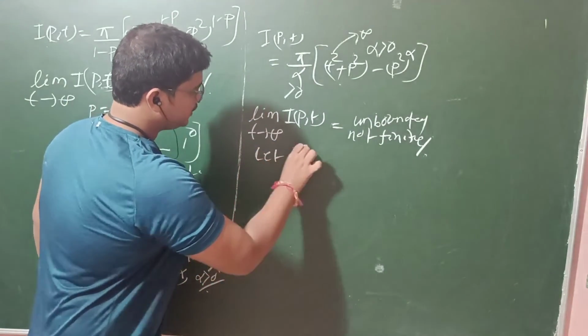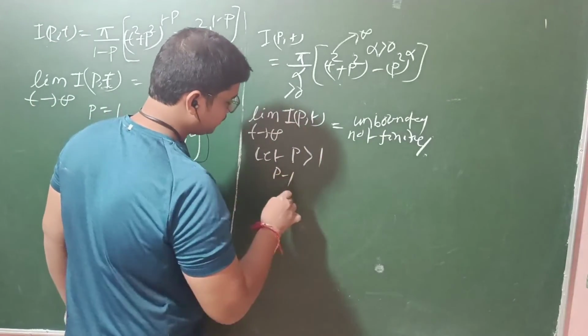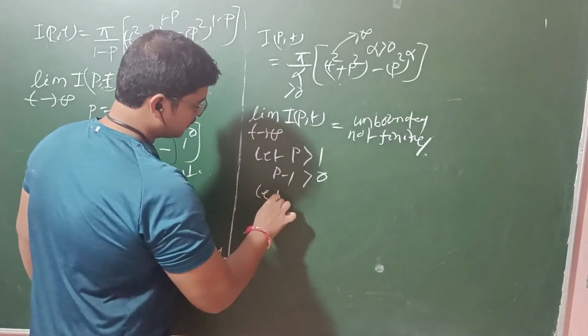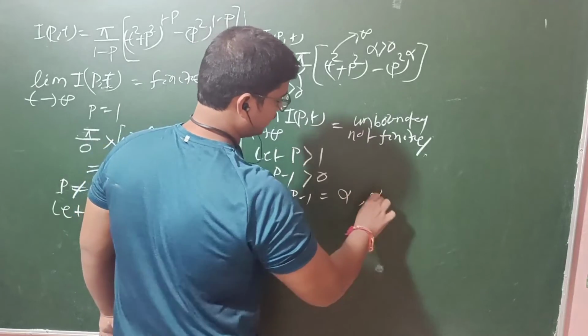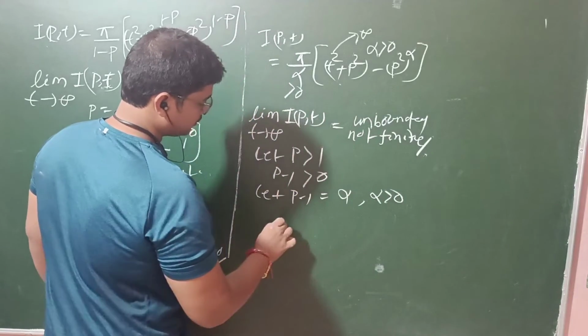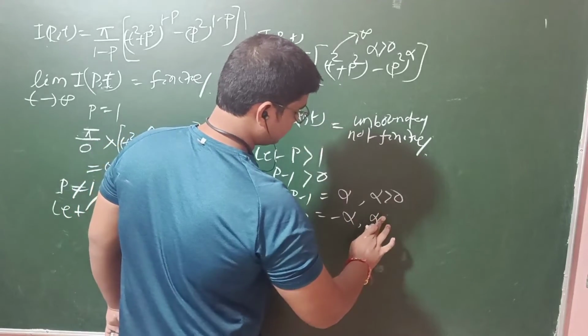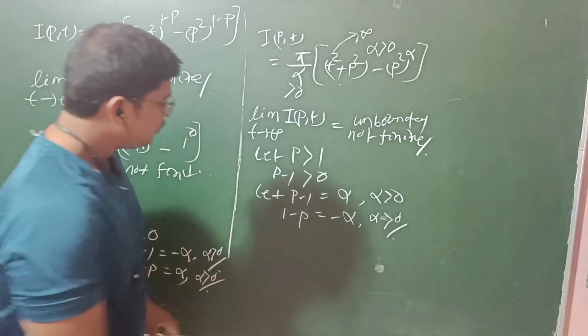Now last chance, let p greater than 1. That means p minus 1 greater than 0. Let p minus 1 equal to alpha where alpha greater than 0. 1 minus p equal to minus alpha, alpha greater than 0.